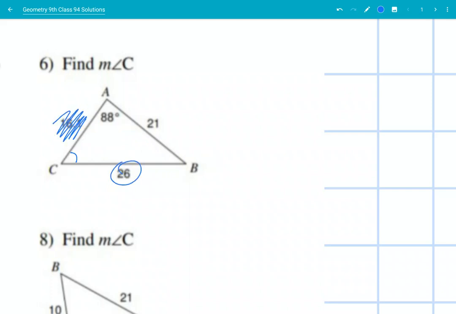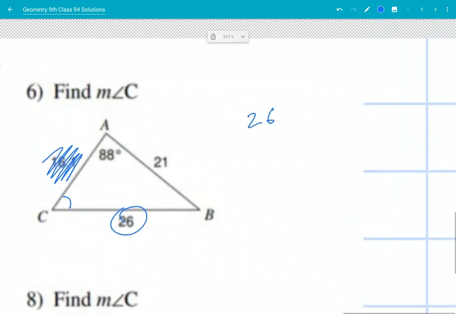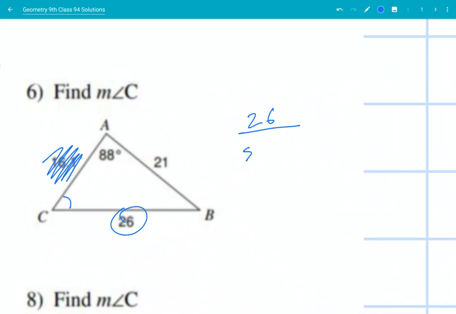So we're going to say this side, 26, over the sine of the opposite angle, sine of 88, equals 21 over the sine of C, that we don't know, big C. Cool.